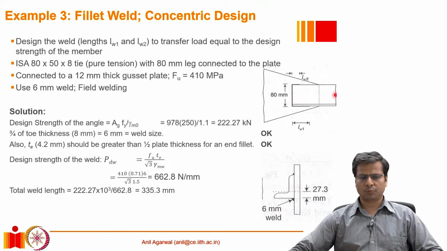The angle is subjected to pure tension, and the angle's 80 millimeter leg. So there are 2 legs. One leg is 80 millimeter wide, the other leg is 50 millimeter wide. So the wider leg of the angle is connected to the gusset plate by using fillet welds on both faces.